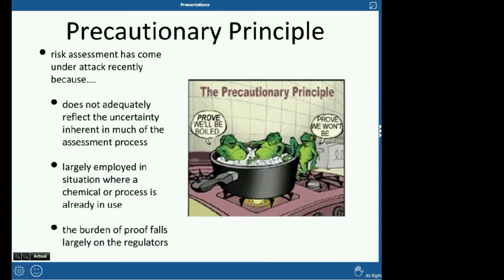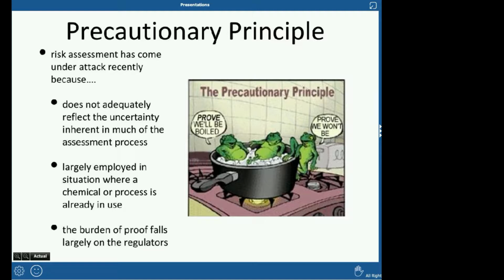So this is the precautionary principle. I know we've talked about it before, but basically, a lot of times this risk assessment won't adequately reflect the uncertainty in much of this process. We don't really know exactly how certain chemicals are going to affect us. And so basically the burden of proof often falls on the regulators, the people trying to make the regulations, instead of the people making the chemicals, right?